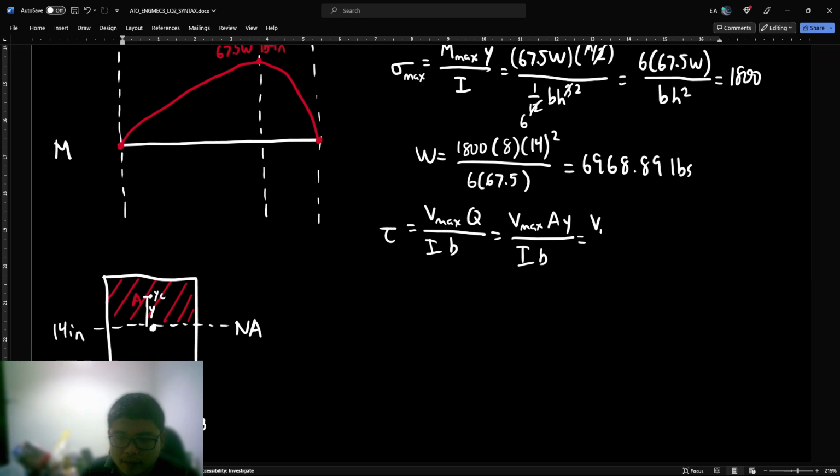So this would be V max times height over 2 times base times your height over 4. Why is it height over 4? Because this is your height over 2 and this is your height over 4.